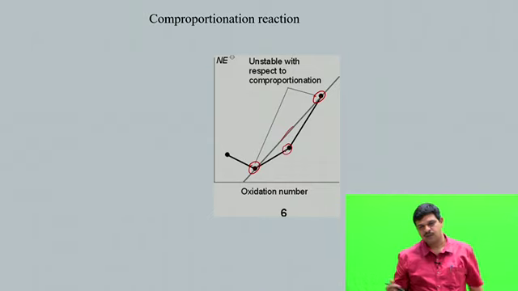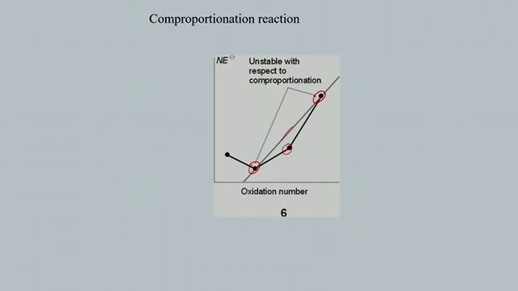So, it is very easy. Just by looking at it, if you know the concept of a Frost diagram, you will be able to know which couple of species will undergo comproportionation reaction and which species can undergo disproportionation reactions.